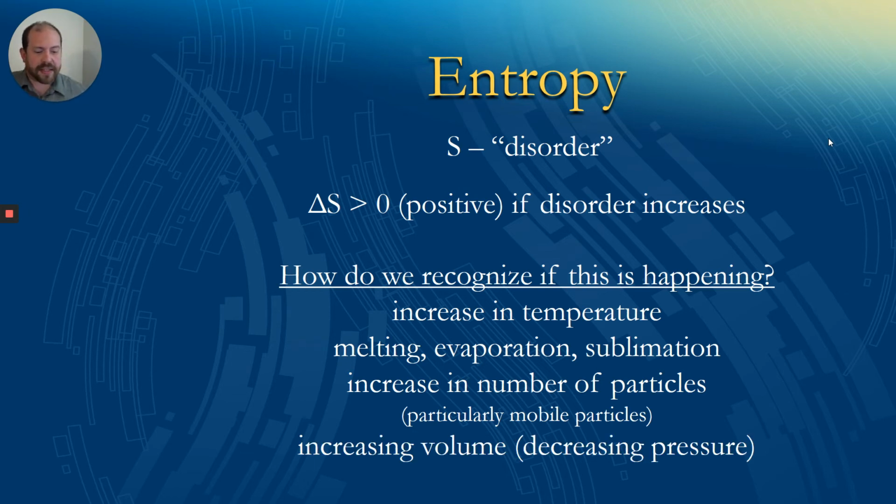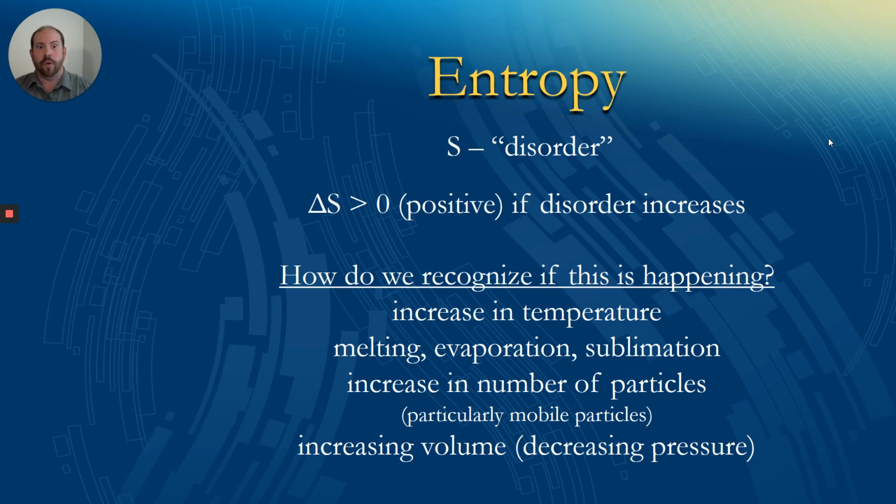The other one that's not always as intuitive is increasing volume. That would go along through the ideal gas law with decreasing pressure. And if this doesn't seem intuitive to you, think about how this works with phase changes. What do you do when you exert more pressure on something? You would squeeze it from a gas to a liquid and eventually into a solid.